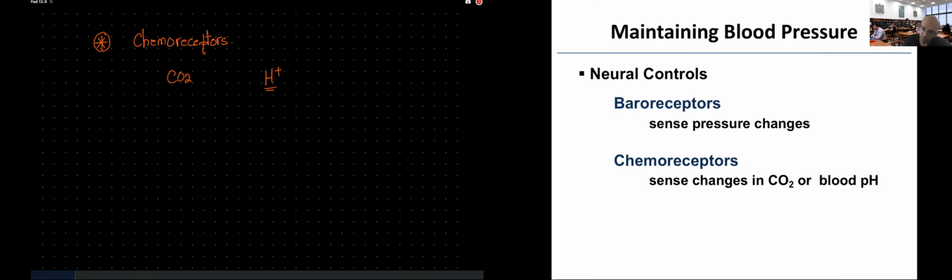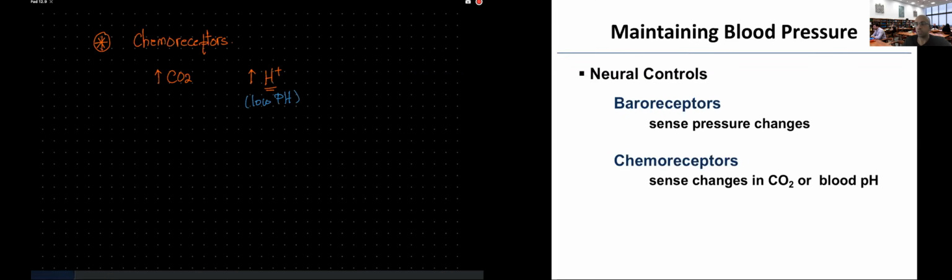So what does it mean to have an increase in those two for you in terms of blood pressure? If I do have a high carbon dioxide level, if I have high protons, or in other words, I have low pH, which is the same. Having too much acids will reduce my blood pH.